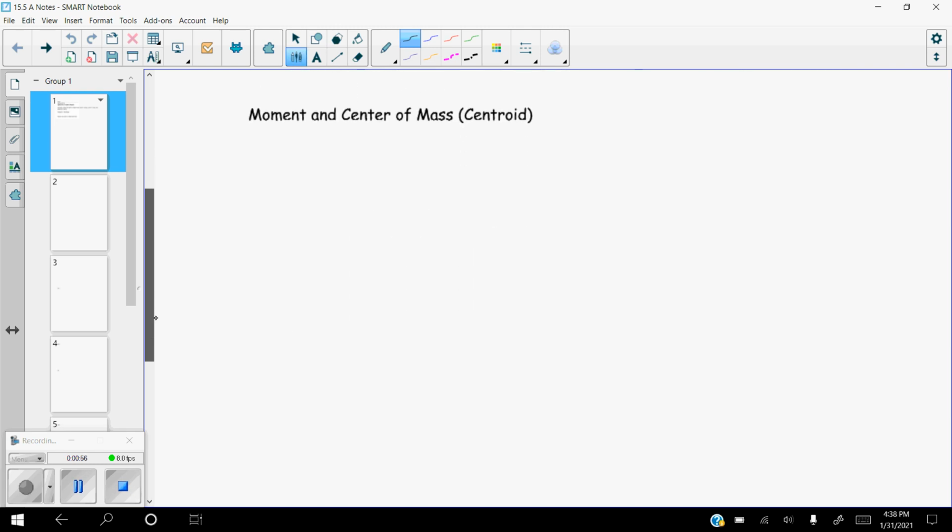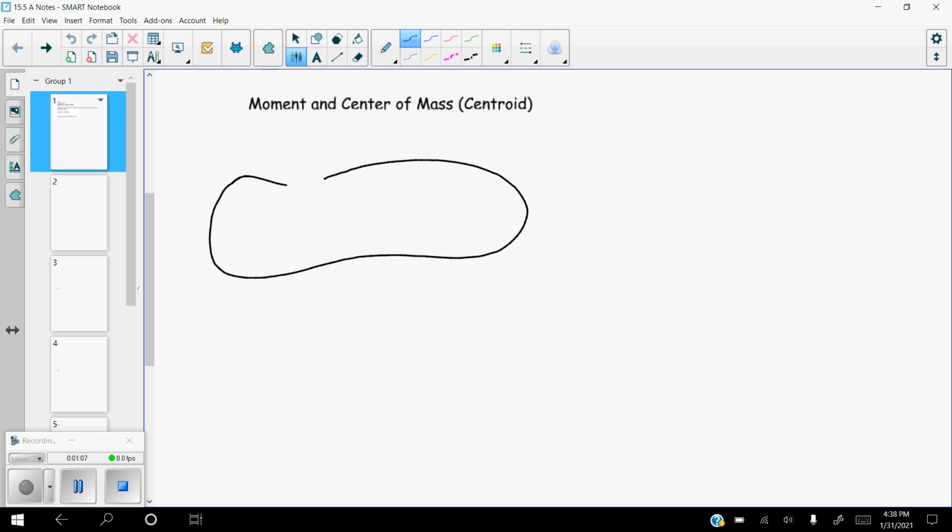Let's talk about the moment and the center of mass. So you're going to have this surface, whatever this surface looks like in general. So we're going to have some kind of a surface, whatever that is.